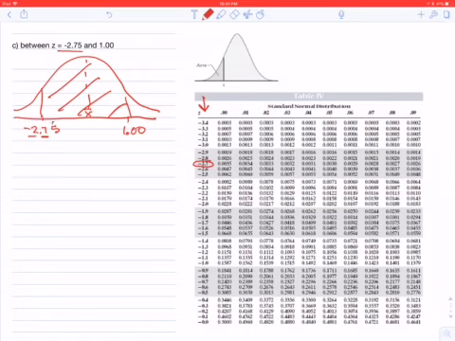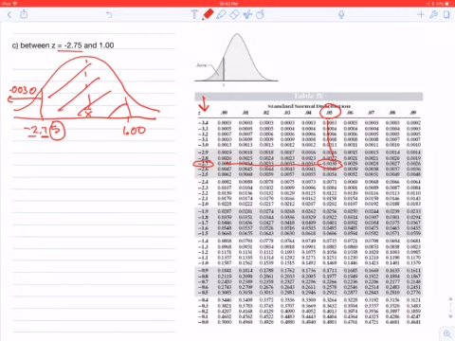Now, for the hundredths, I have to go across the top. That's 5 hundredths. Now, where these values intersect, they intersect at 0.0030. The area from the table measures the area to the left of the z-score we looked up.